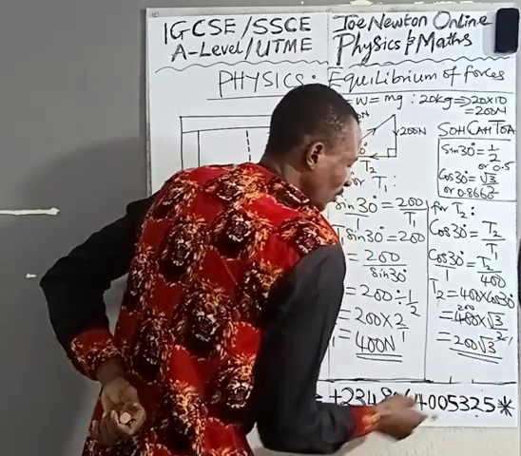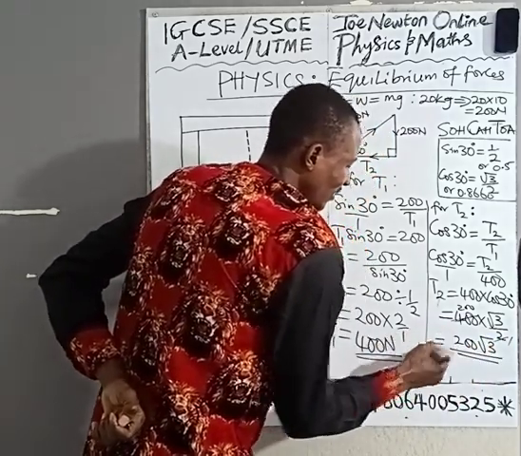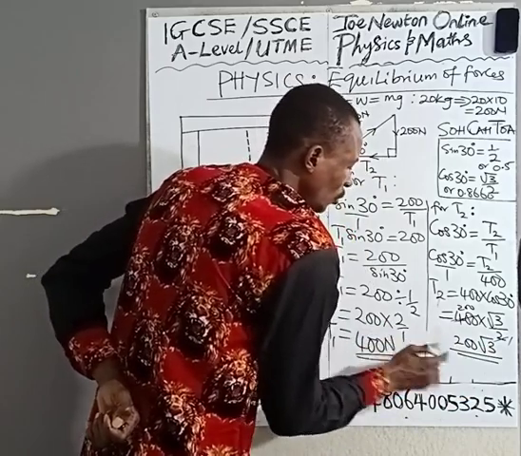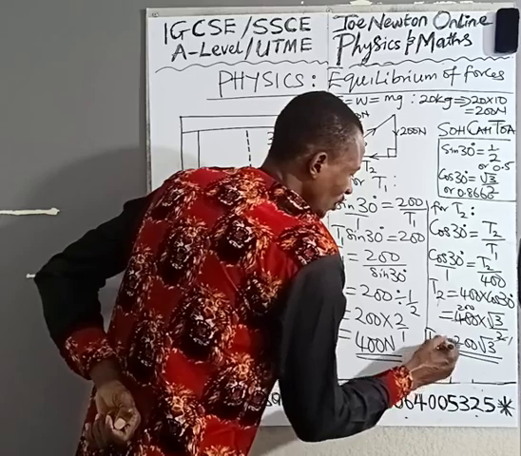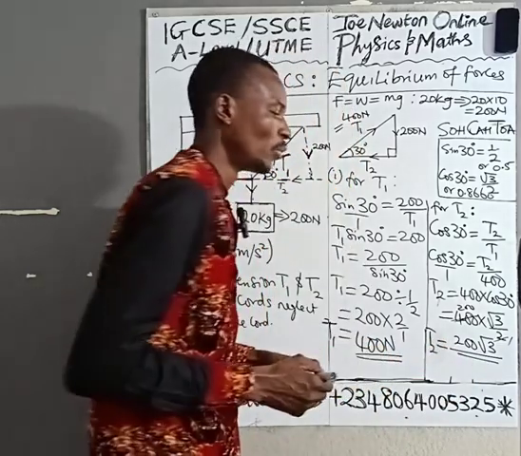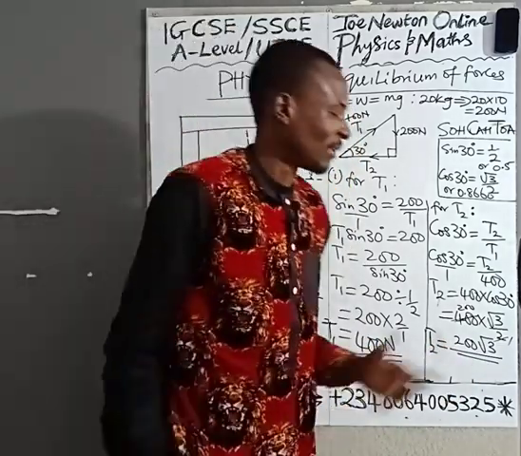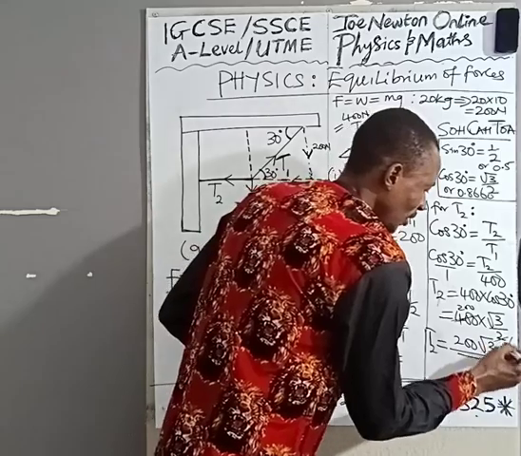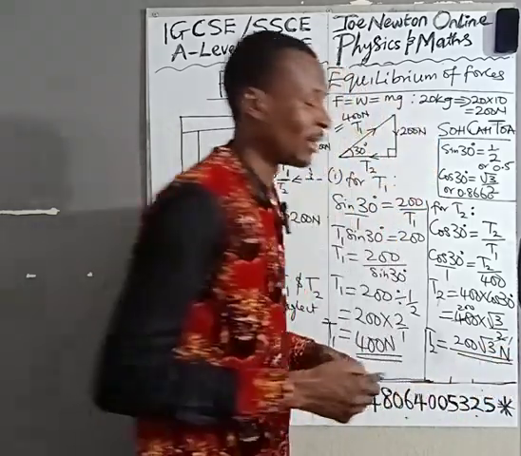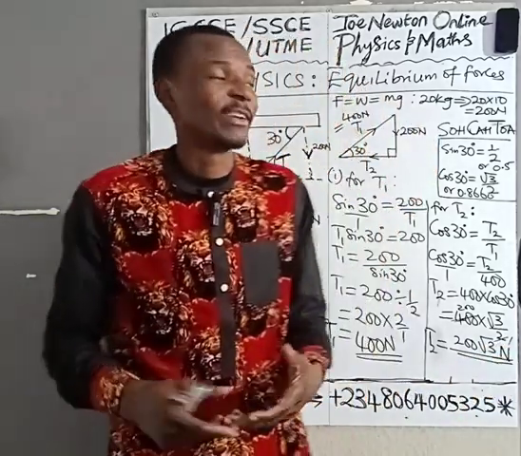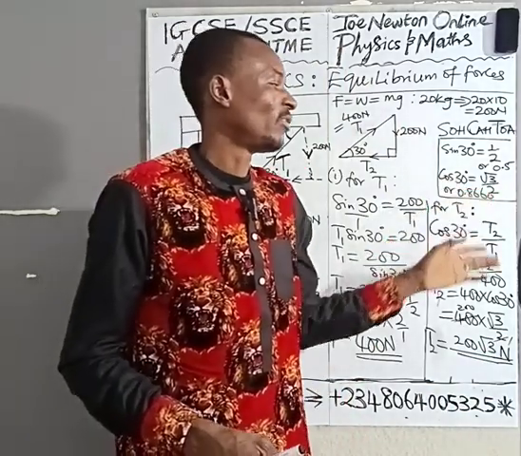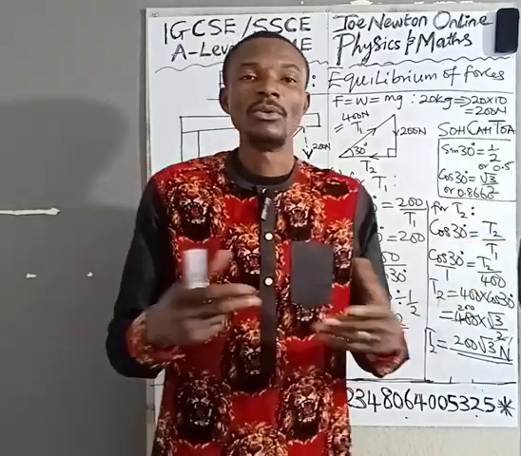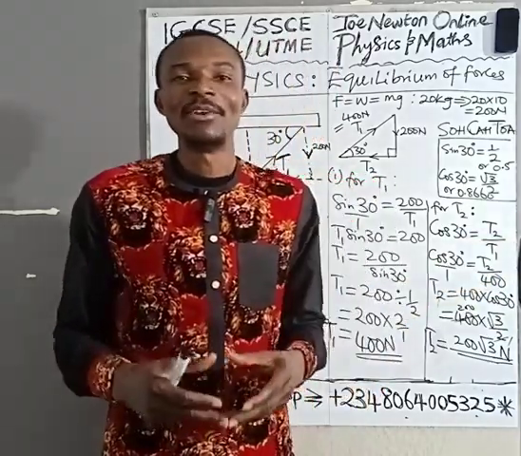So our answer is that T2 is equal to 200 root 3. Simple and short. You can leave it like that. Remember the unit: 200 root 3 Newton. If you wish to go into a decimal value, you can multiply by 200 to get the answer in decimal values.